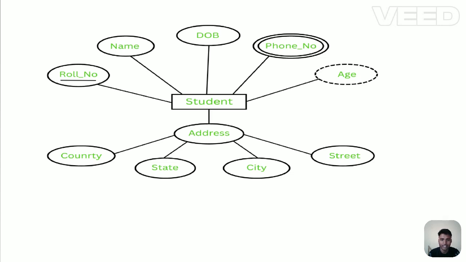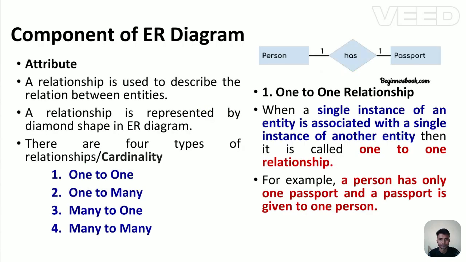Address is a composite attribute, because address itself has some attributes called country, state, city, street. With the help of this diagram, we can easily understand the four types of attributes.